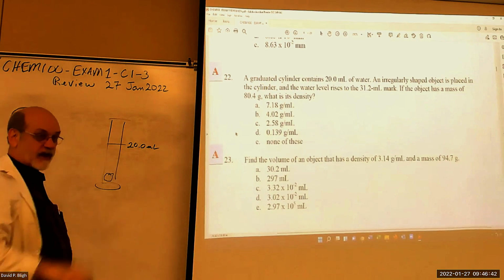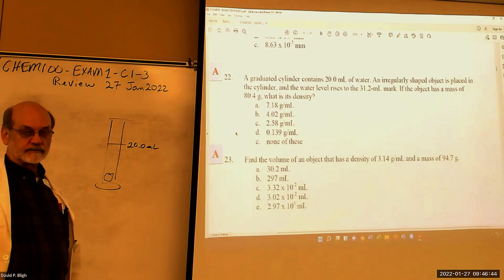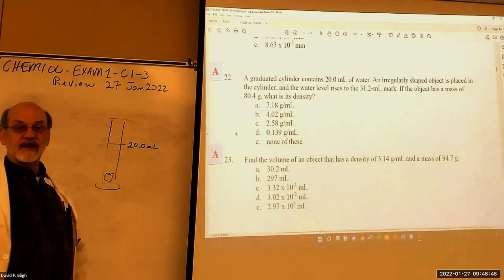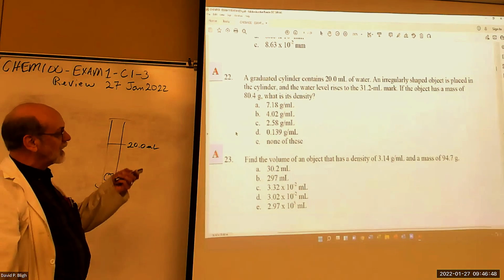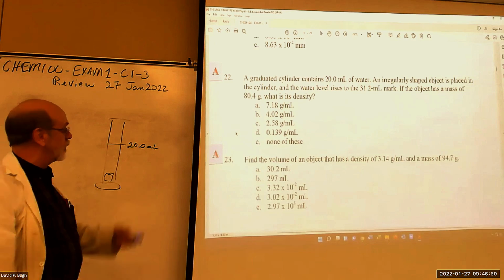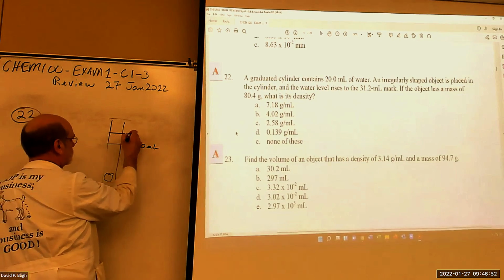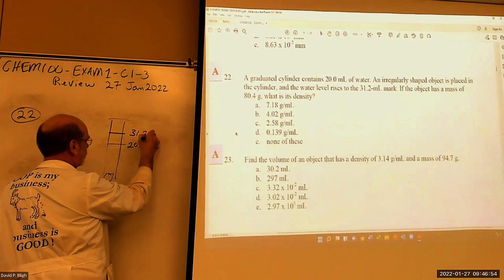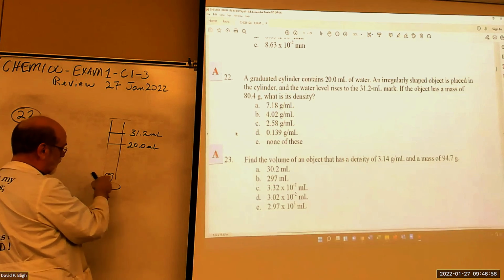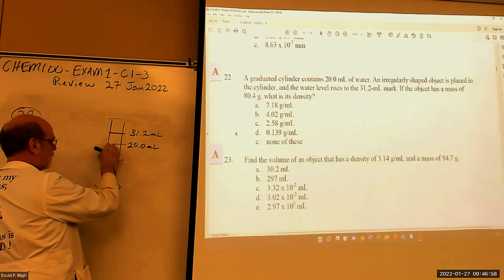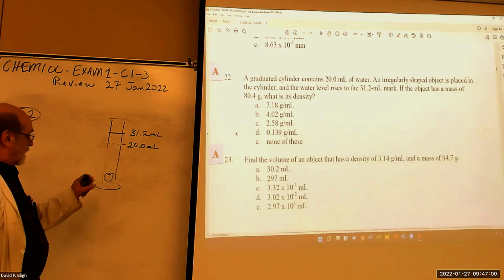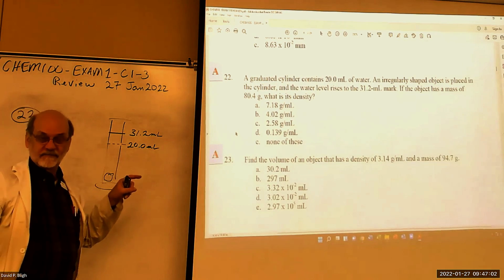Right? And we have to assume that it doesn't absorb water. It just displaces the water. The water level rises to 31.2 milliliters after we put this in. Now it's at this level. Okay?